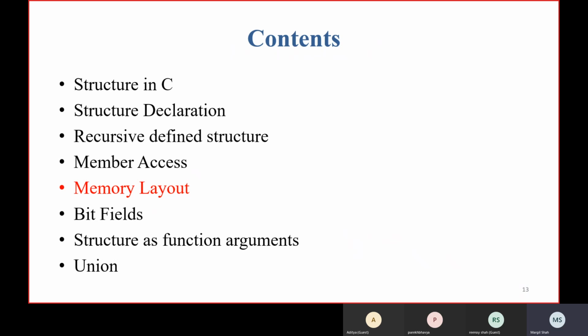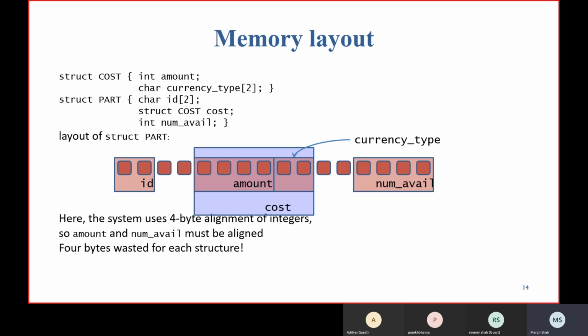Another topic is memory layout. Now how will memory actually be allocated to this structure? Suppose I have a structure named cost with two members, one is amount of type integer, another is currency of type character array.